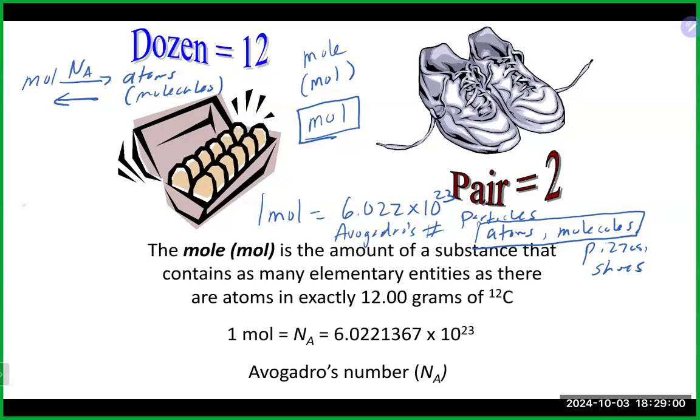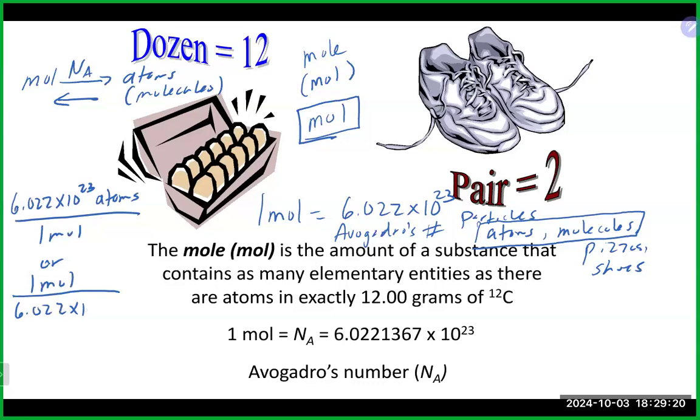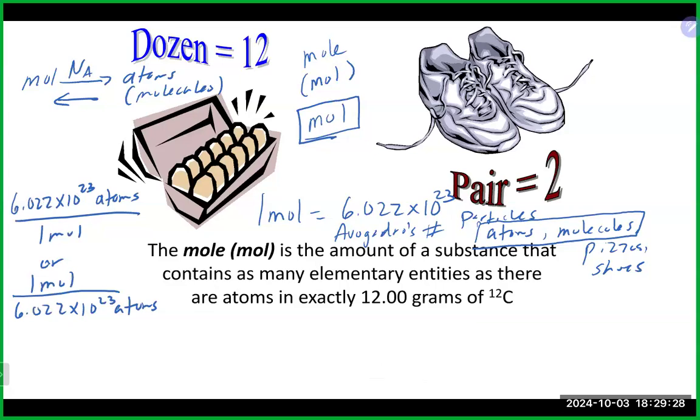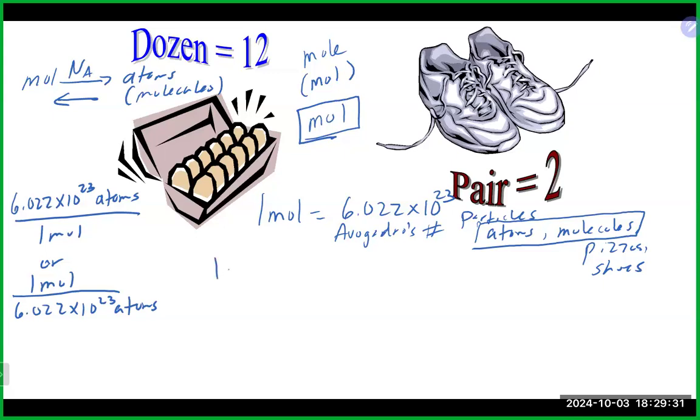Basically, we could go 6.022 times 10 to the 23 atoms or molecules over 1 mole, or we could flip it around and put the mole on top and 6.022 times 10 to the 23 atoms or molecules on the bottom. So if I have 1 mole of hydrogen, it has 6.022 times 10 to the 23 atoms of hydrogen.